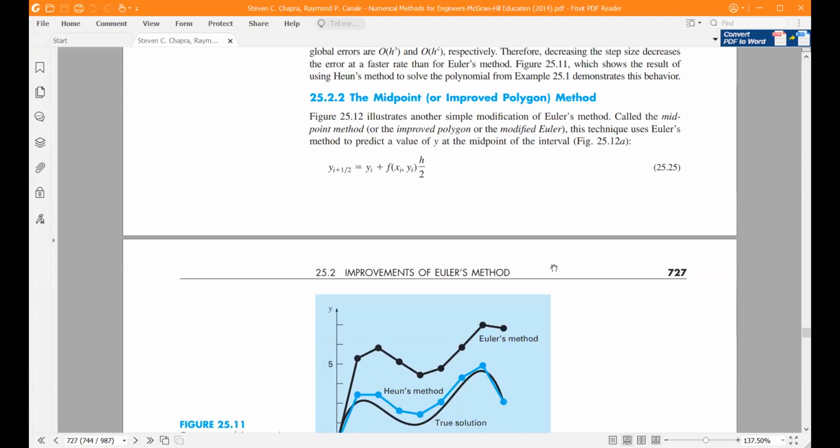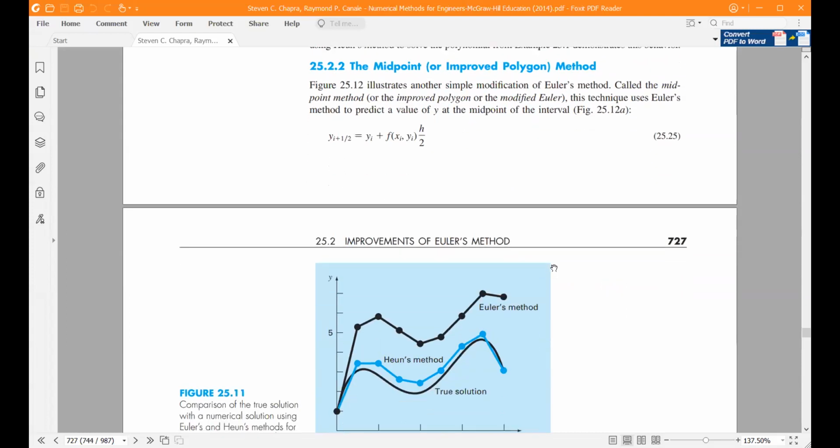Then we have another variant of this rule called the midpoint rule. This is actually what I talked about earlier, that the calculation or refinement of approximating the slope function phi is the main issue here for your one-point method. In Euler's method, it is calculated at the beginning. In Heun's method, it is calculated at the beginning and the end.